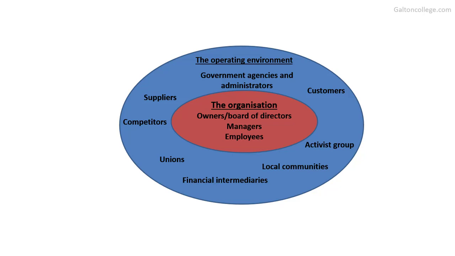That could be dealt with. The company may have the revenue, the resources to meet the requirements of the local community, the activist group, the unions, the suppliers, whatever. It may be able to deal with these because it has got the revenue. So satisfying customer requirements is absolutely essential.